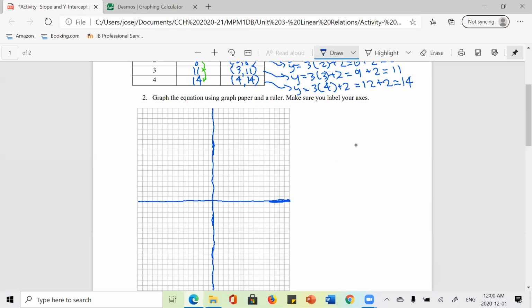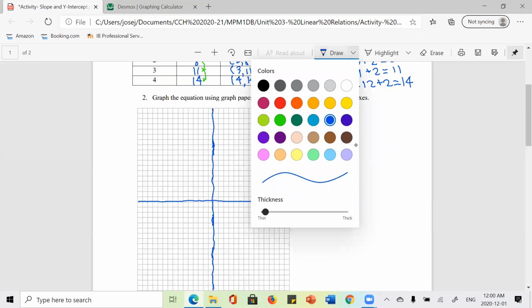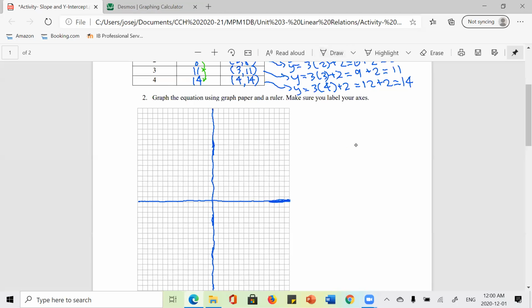So what I'm going to do next is simply label my graph. You should always label it, even for your own sake, so you know where the points go. It's very easy to make a mistake here. So we have 0, and then maybe I'm going to go by 2s: 2, 4, 6. I'll stop there, and then I'll go on this side.